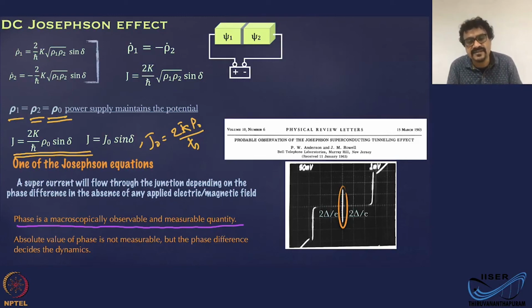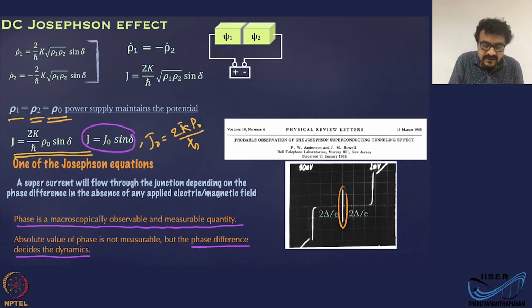You can see the phase. Actually, what you are seeing is not the phase but the phase difference. This phase difference is a dynamical quantity. It decides the dynamics of the charge carriers. And this is one of the Josephson equations.